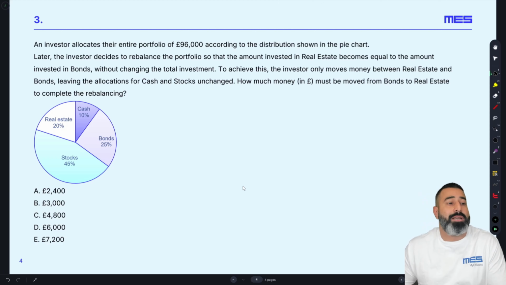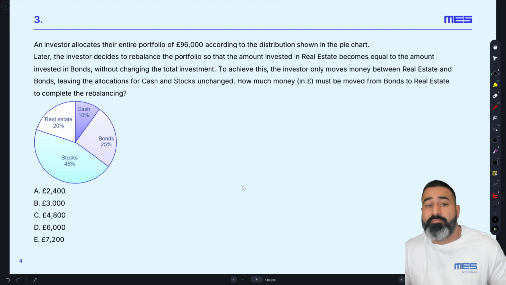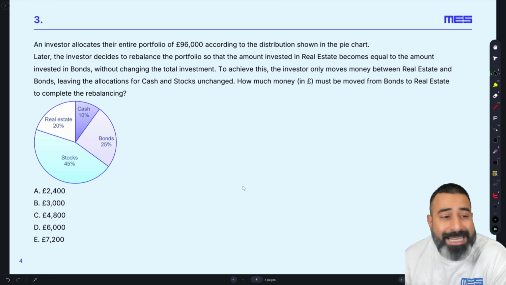Okay, so £96,000 is split between 4 categories, but not equally. And they want to make the amount of money in bonds and real estate equal, and they're only allowed to move money between those 2 categories. So first things first, let's calculate how much money is in each of those categories.